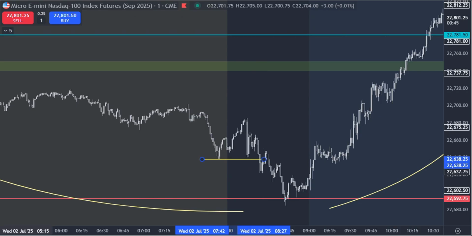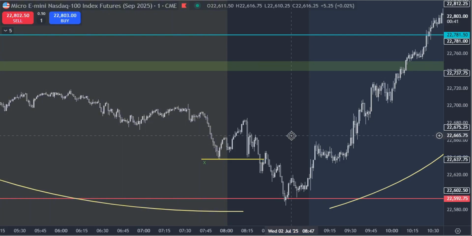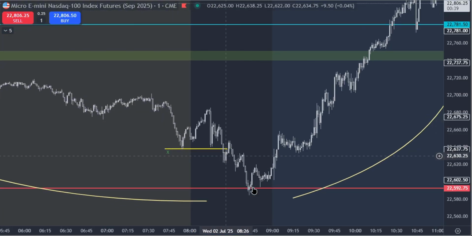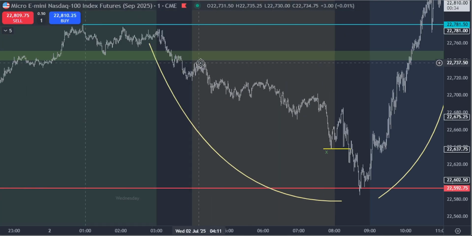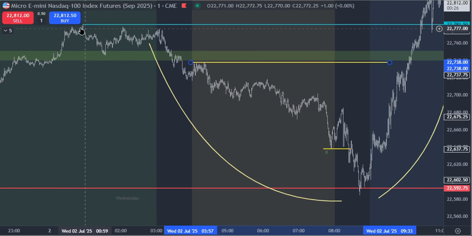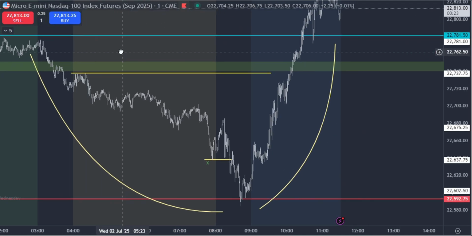You sweep it, right? You start looking for entries. Target either the London session high up here, or target the Asia session high.